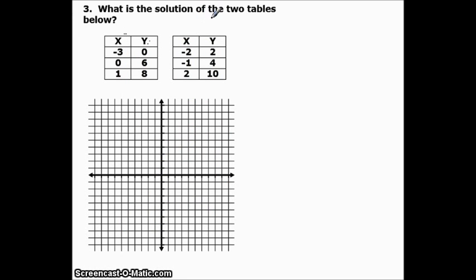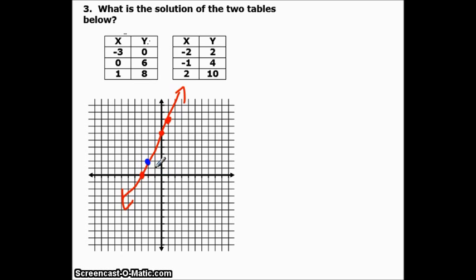All right, let's look at another example. What is the solution of the two tables? Okay, let's graph the first one. Okay, so there's one line. And then the second is negative 2, positive 2.